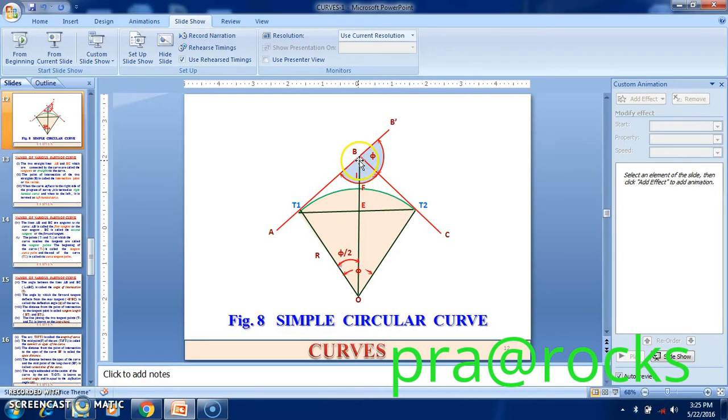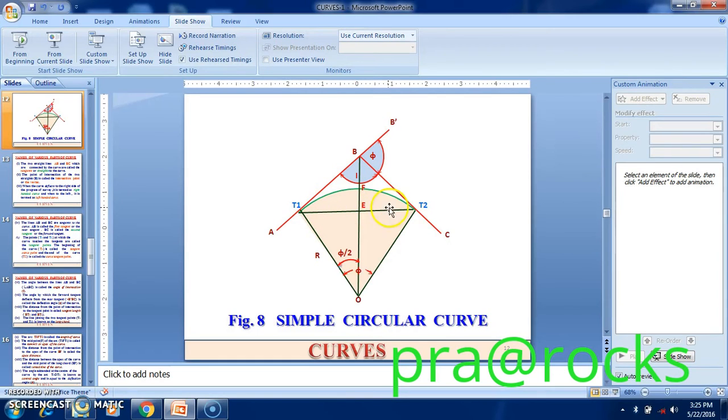is termed the vertex of the curve, point B. The tangent points T1 and T2 are the tangent points for these curves, where T1 represents the beginning of the curve, the curve tangent point, and T2 is the end of the curve, the tangent curve point.